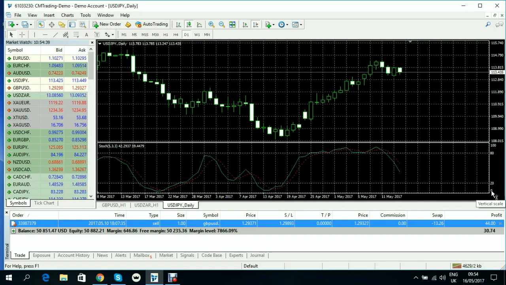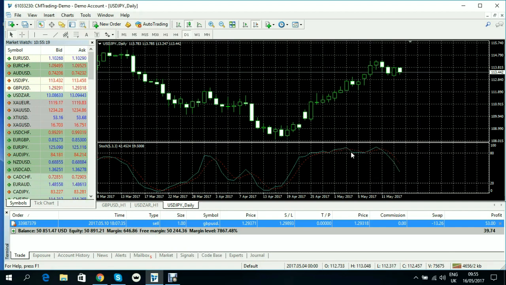Stochastic scales from 0 to 100. The value line and the signal line move together. When they cross and they are above this 80 line, this horizontal line here, it means that the market is overbought.